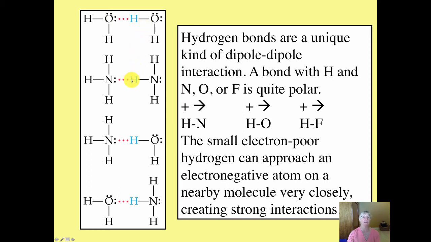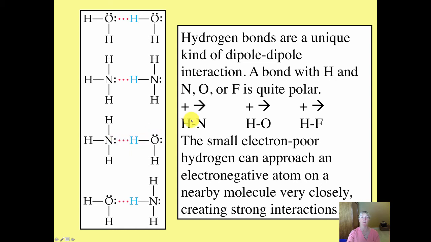Or it could also be between two molecules that have hydrogens bonded to N, O, or F only. This hydrogen is attracted to that single pair of unshared electrons on the other ammonia nearby. And finally, you could also have a water molecule that's dissolved some ammonia, and there's hydrogen bonding occurring here.